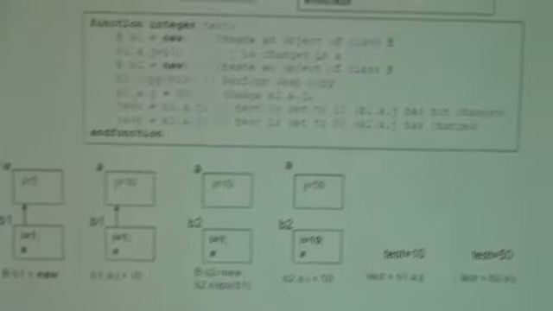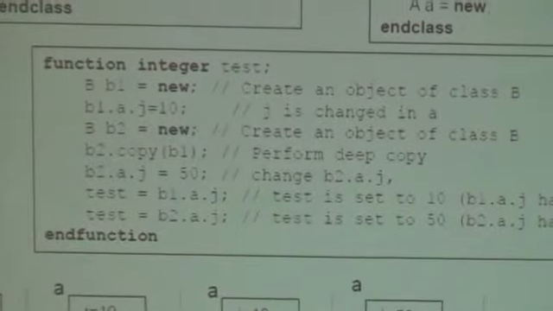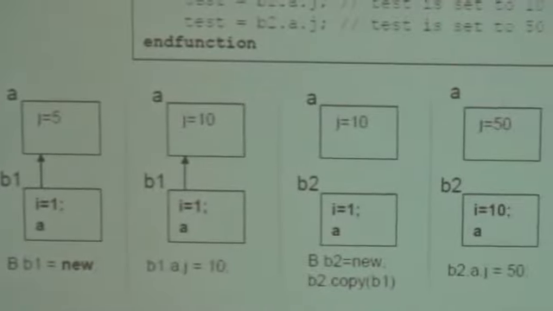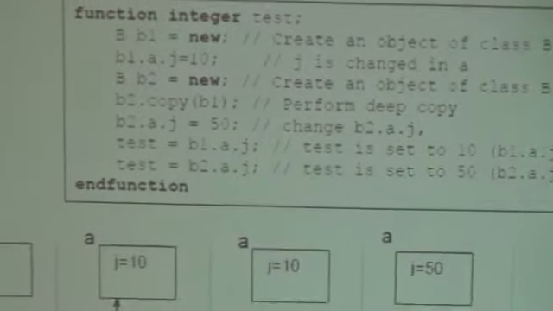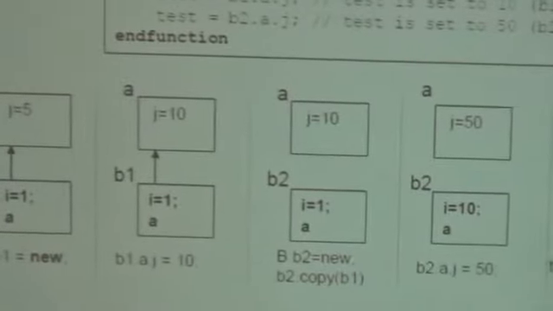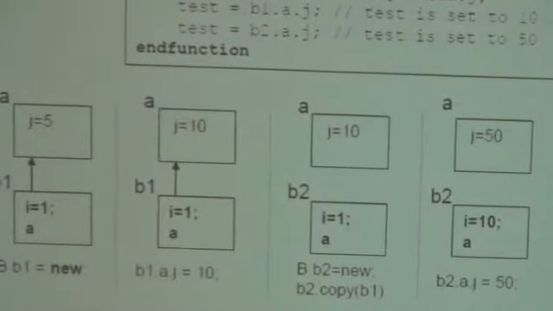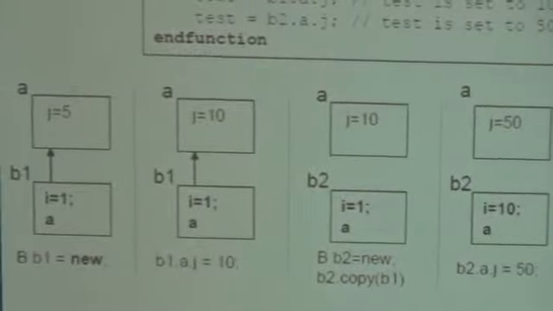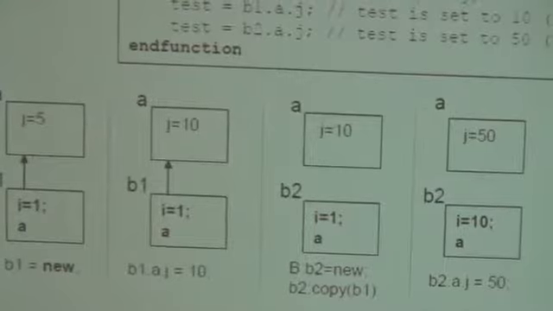It is the same example, but now look at the pictorial representation; the syntax is same as before. In the deep copy, b.copy of b1, if you look at b2, both object handlers b1 and b2 have their own object j equal to 10.